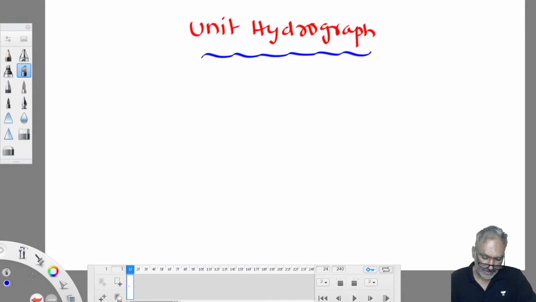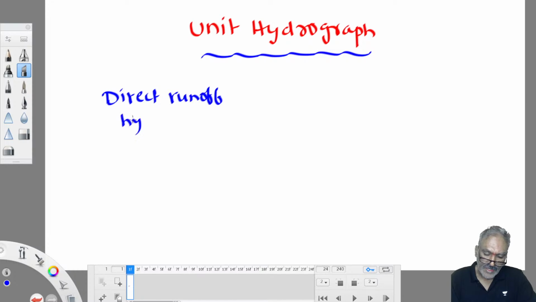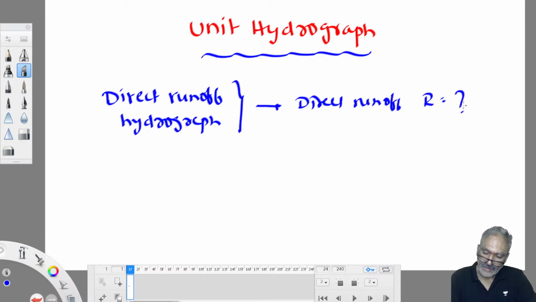Beyond runoff, many things we work out with the help of the unit hydrograph. Direct runoff hydrographs are used only for estimating direct runoff. Beyond that, they are of no use. But the unit hydrograph concept has completely changed our thinking. Beyond runoff, we can work out floods well in advance. Flood forecasting we can carry out with the help of unit hydrographs.